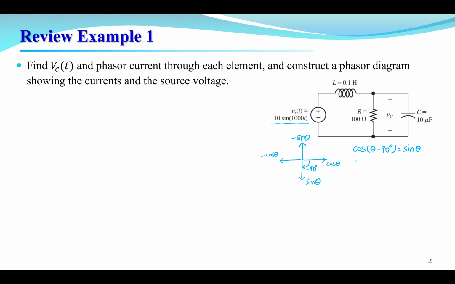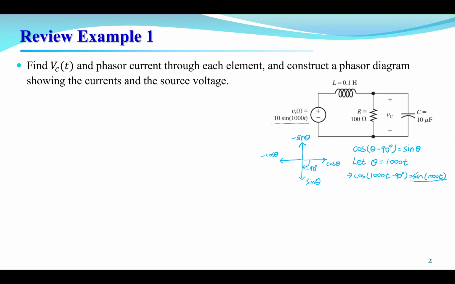So if we make theta equal 1000t, we have cosine of 1000t minus 90 degrees equals sine 1000t.